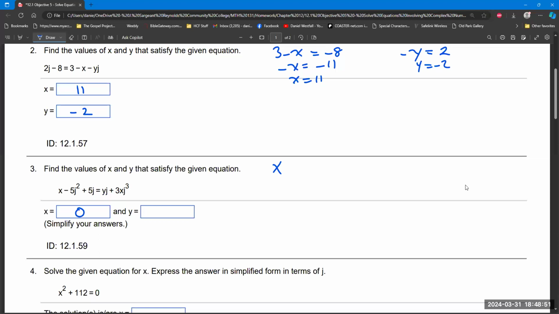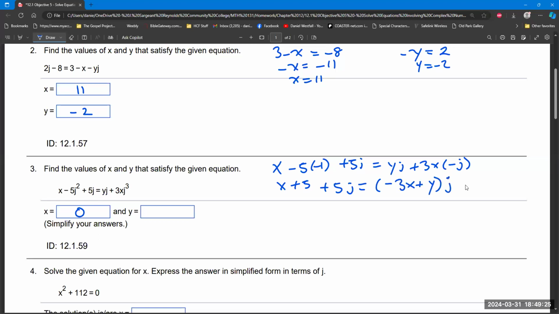So x minus 5j squared is 5 times negative 1 plus 5j is equal to yj plus 3x times, and then that's a negative j. So this is x plus 5 plus 5j is equal to, and then this is going to be a negative 3x plus yj on this side.